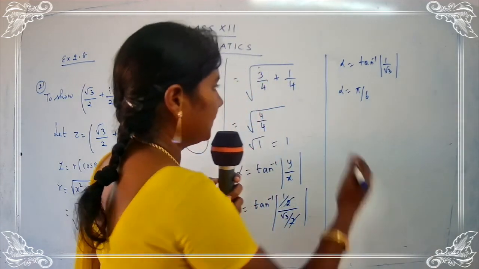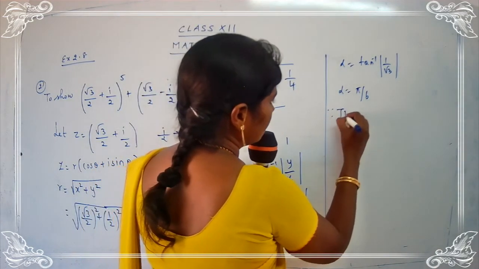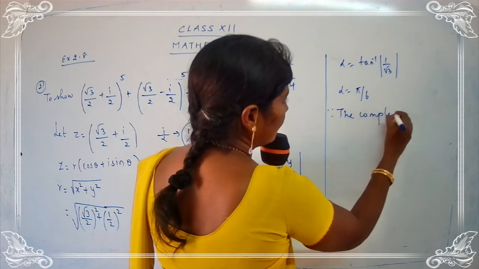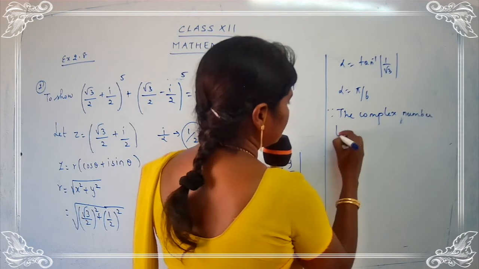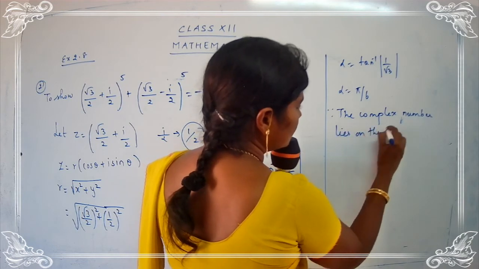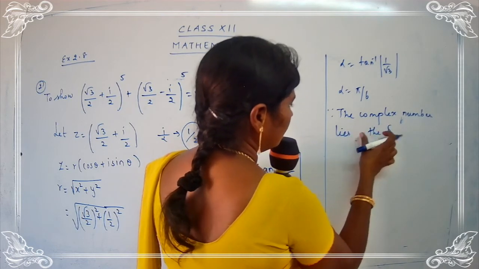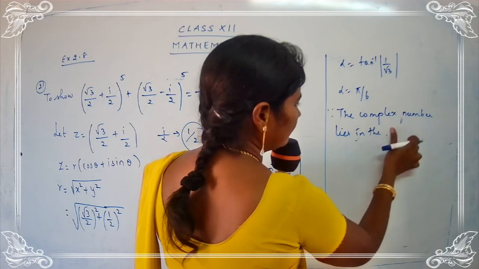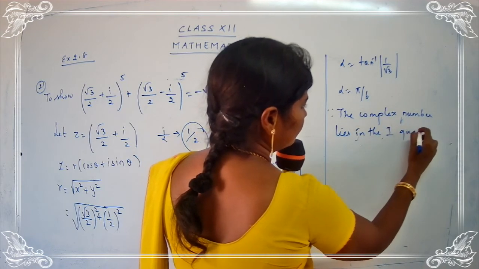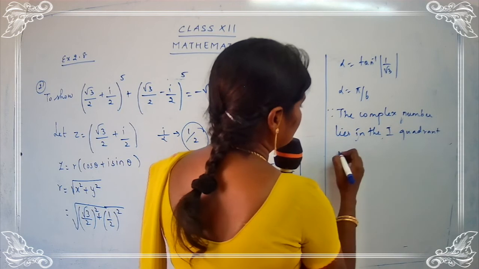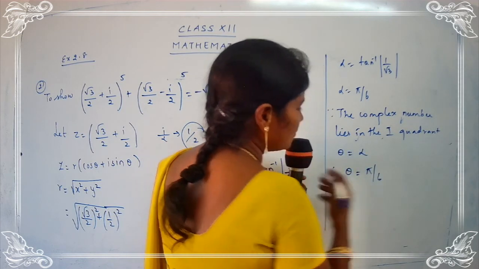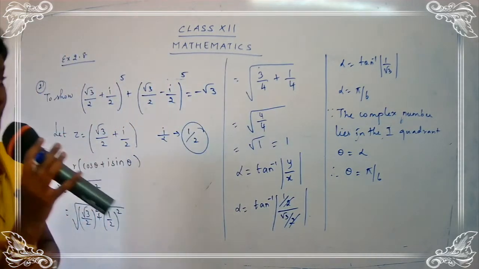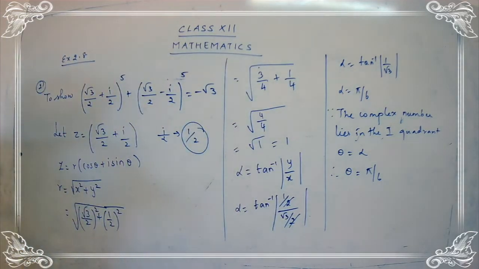Just mention here, since the complex number lies in the first quadrant, theta is equal to alpha, therefore theta is equal to pi by 6. So I got the value for theta, that is pi by 6. I have to take the same value as alpha.